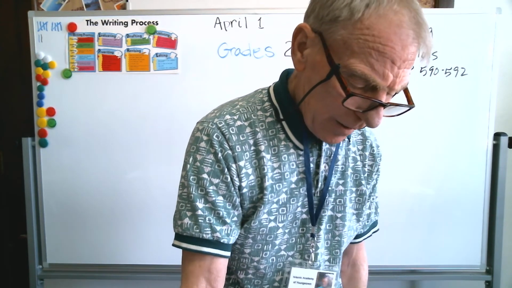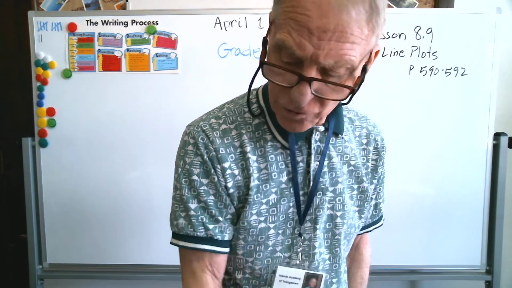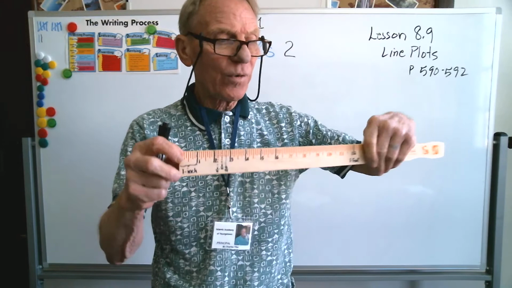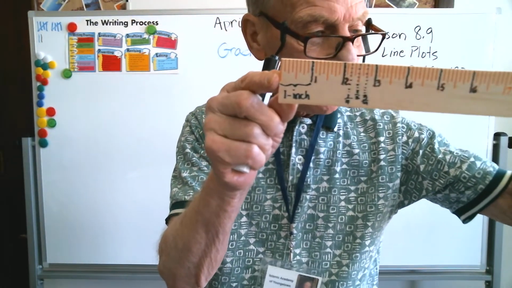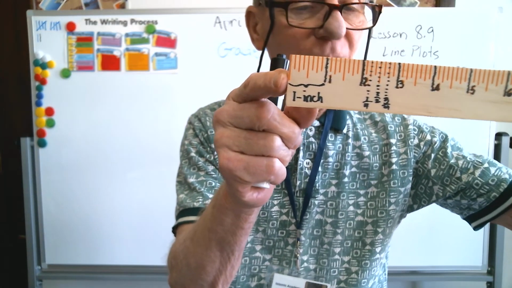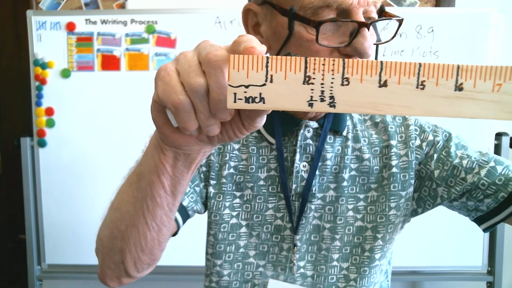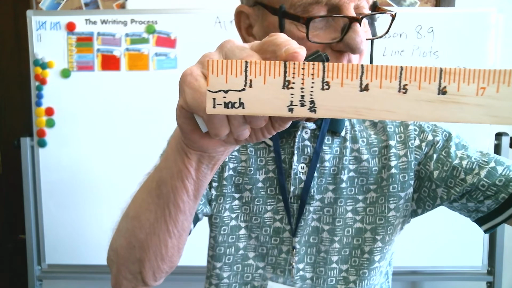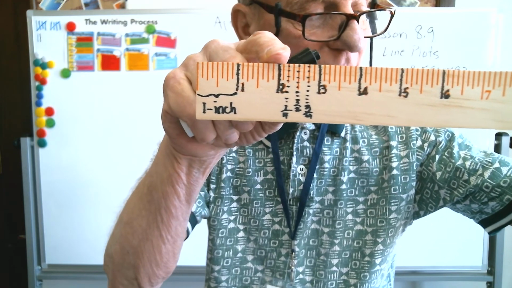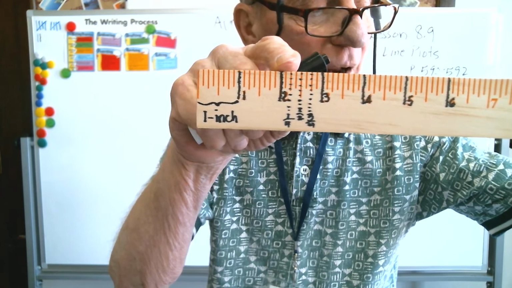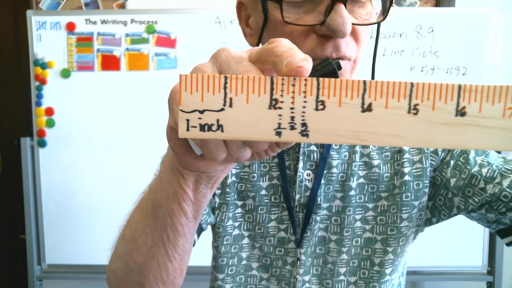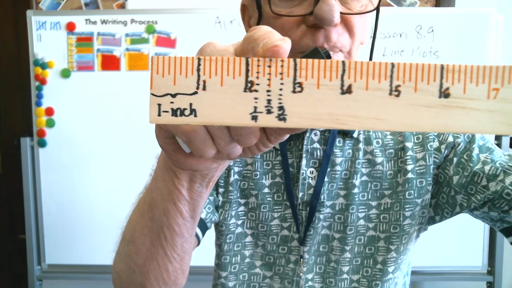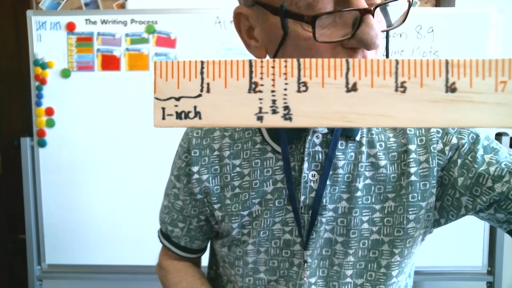You've been learning about measuring things using a ruler, understanding how a ruler works. See my ruler here? Each number on this ruler represents 1 inch, and it can be broken down into smaller fractions of that inch. In this case, it's broken into quarter inches, or 4 divisions inside each inch.